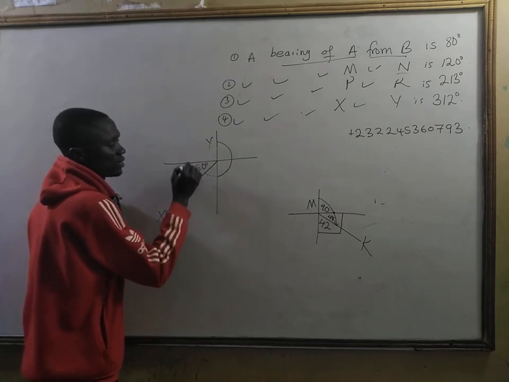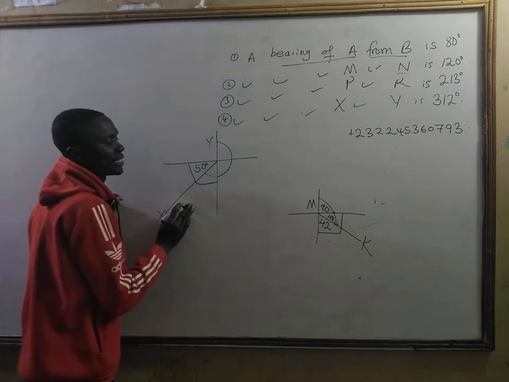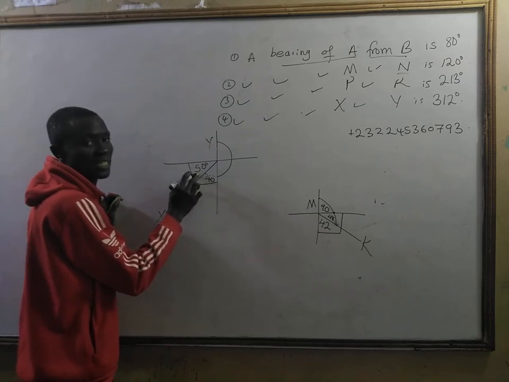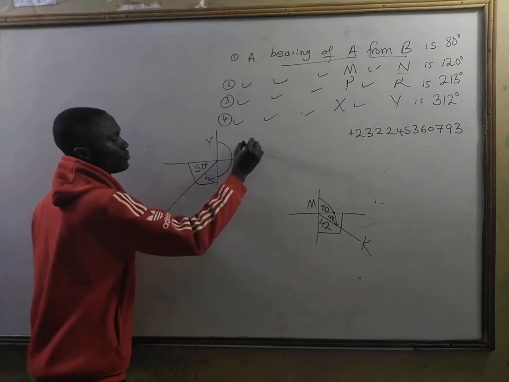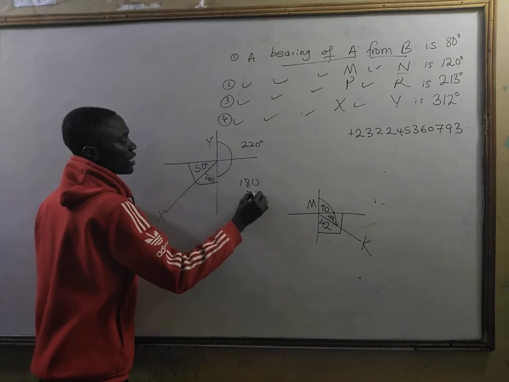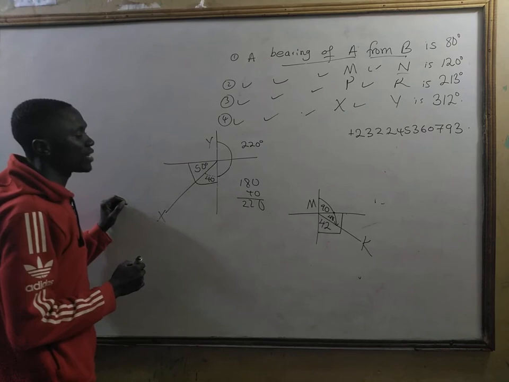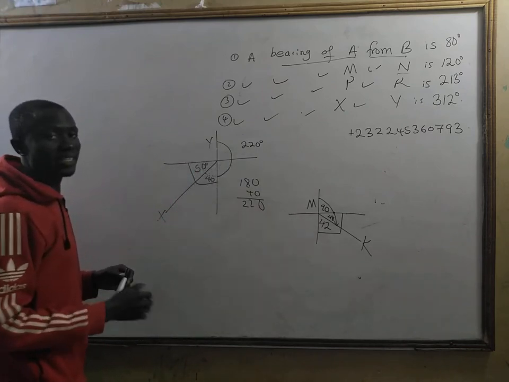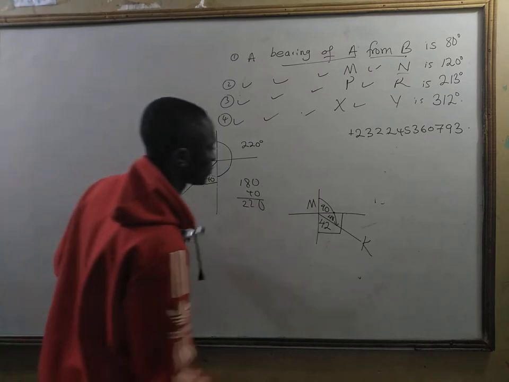Here 50 plus the angle here will give me 90 degrees. So if here is 50, definitely here will be 40, because 40 plus 50 is 90. So I'll add this 40 to the 180 degrees to give me 220 degrees. So here the bearing of X from Y is 220 degrees. Wow.